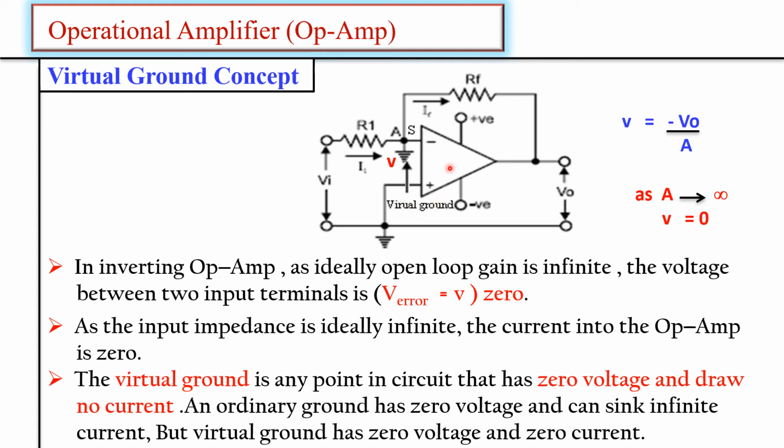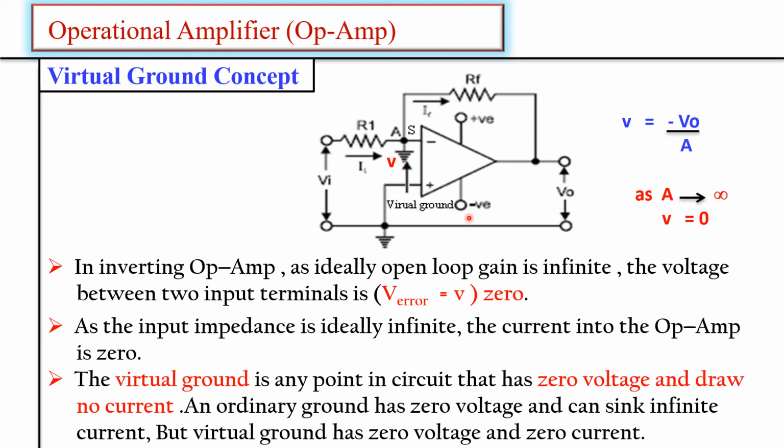It means that the inverting and non-inverting terminals are at the same potential, or we can say that they are virtually shorted. Now here the term virtual means that the two terminals are not actually short circuited, but they are virtually shorted, as whatever voltage appears at one terminal, the exact voltage will appear at the other terminal.